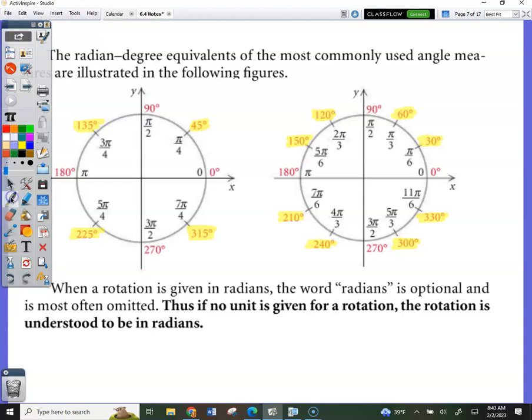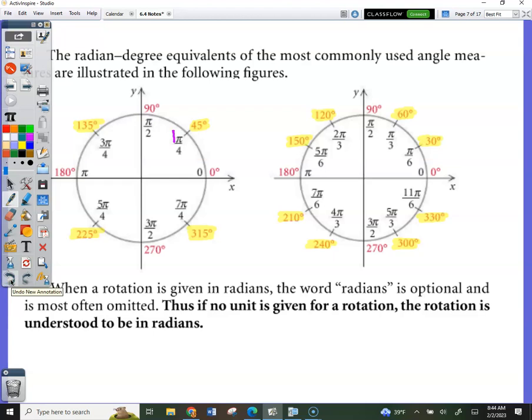Counting it out, this is us just practicing the counting. 1 pi over 4, 2 pi over 4, which reduces to pi over 2, right?